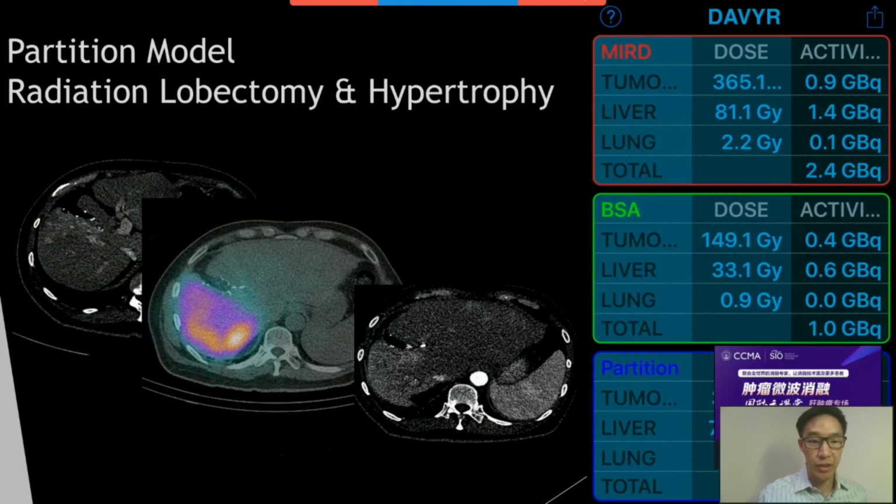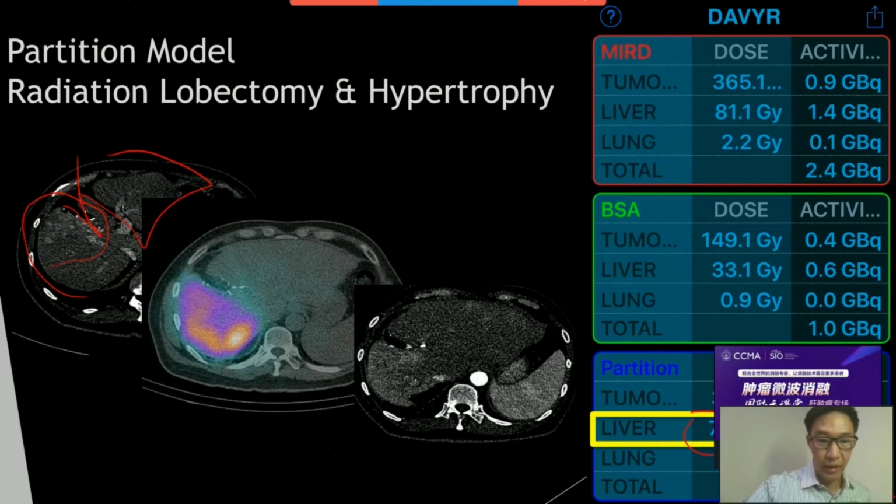Here's an example of a patient who had HCC with a previous mesohepatectomy, so segment 4 resection, and multicentric disease within the lobe, but a clear margin in the left lobe. They had received a radiation lobectomy approach, targeting the liver at 70 gray, a total of 2.0 gigabecquerel.